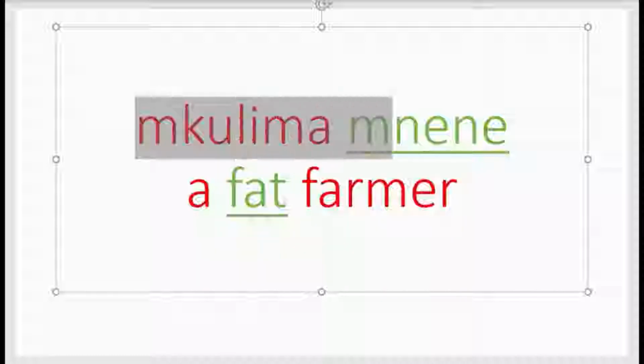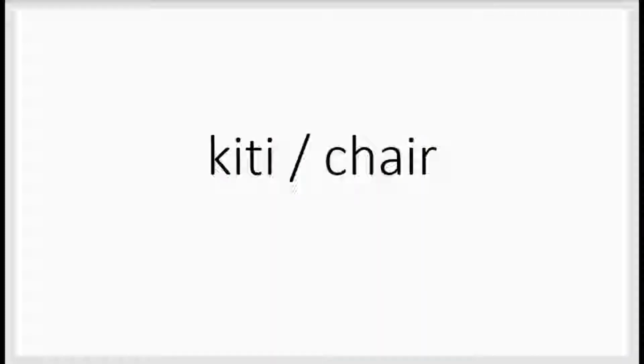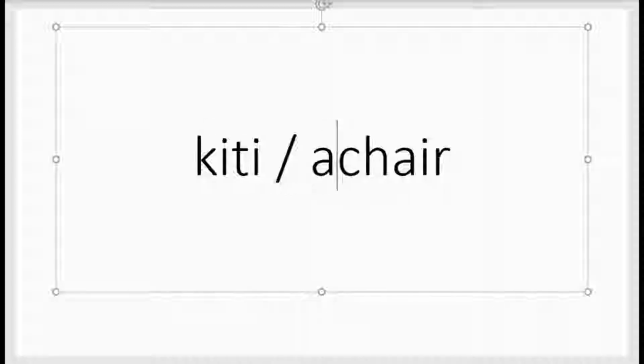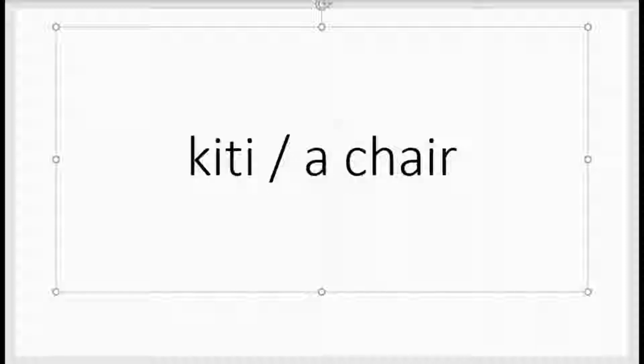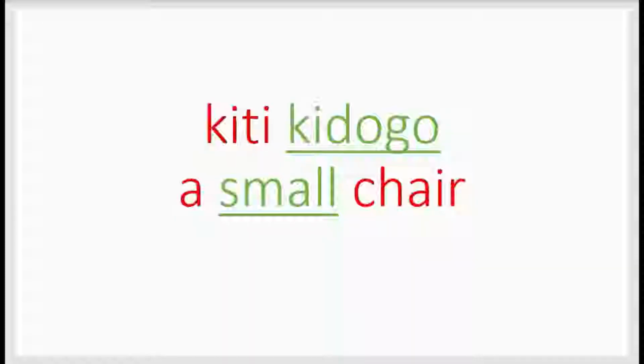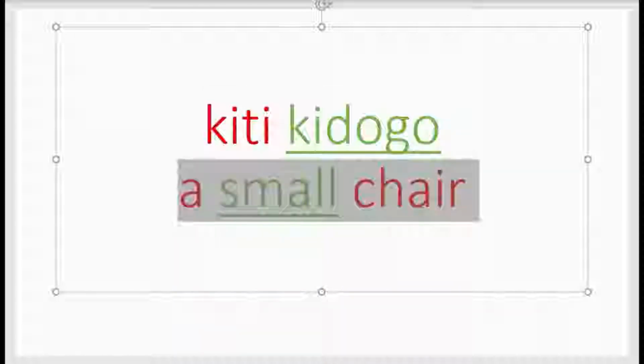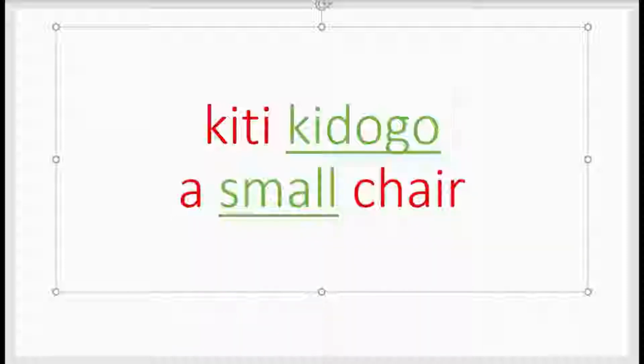Kiti, for example, kiti is a chair. Now when we say kiti kidogo, which means a small chair, here kidogo is an adjective.